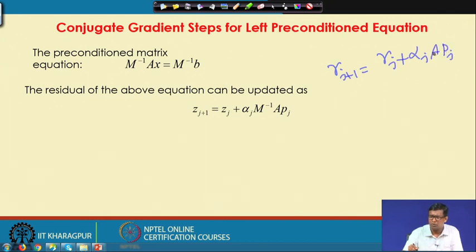That is our older update for the A x equal to b equation. Now we have the equation M inverse A x equal to M inverse b, and the residual is z. So z can be updated very similarly as z j plus 1 equals z j minus alpha j M inverse A p j.